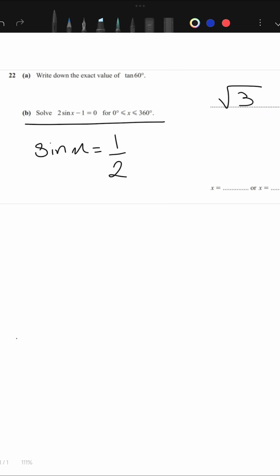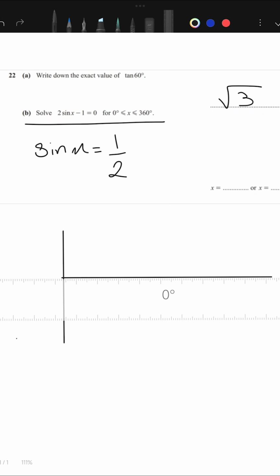So 1 over 2. Now, we all know what a sine graph looks like, right? So let me just draw one here for you. It's gonna start like this with sine theta, sine of the angle, on one side, and then it's gonna have our values of the angle, 0 to 360, on the other side.